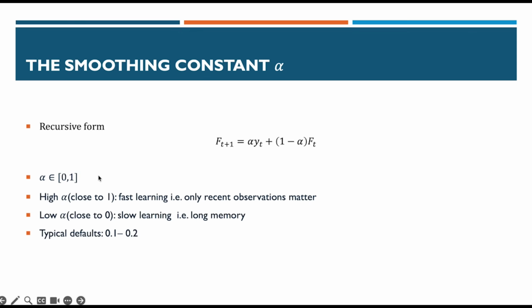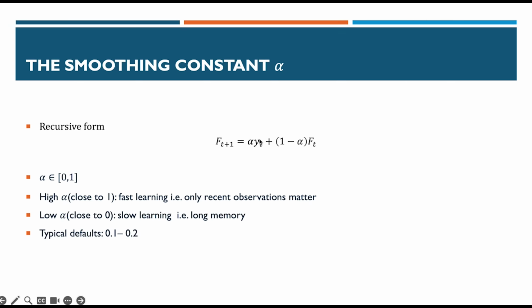If you have high alpha, closer to 1, it's fast learning. What does fast learning mean? Only recent observations matter, because if alpha is very high, you just rely on Y_t, since the other term is very small. If you have low alpha, close to 0, it's slow learning.